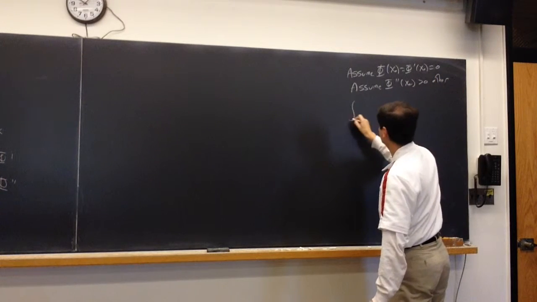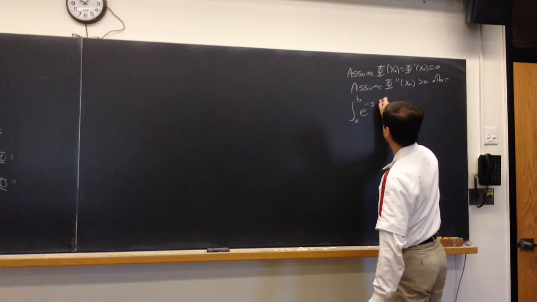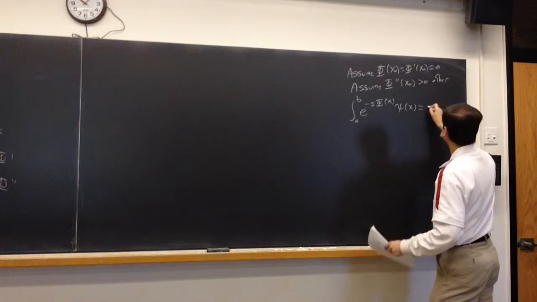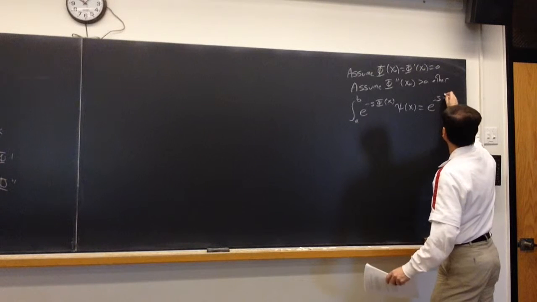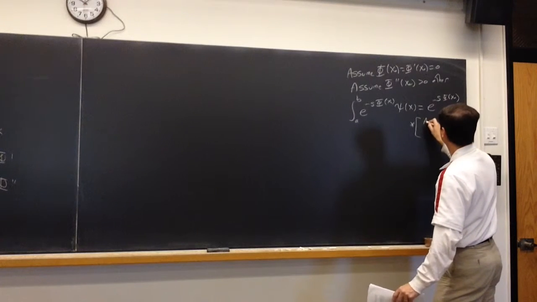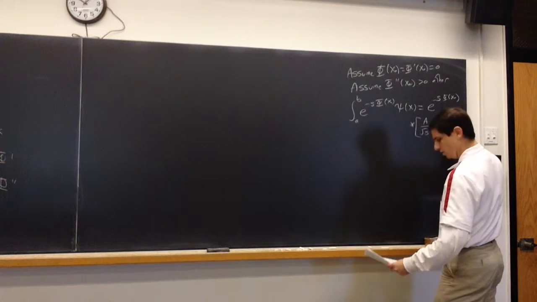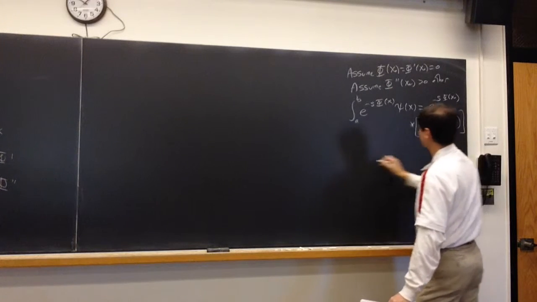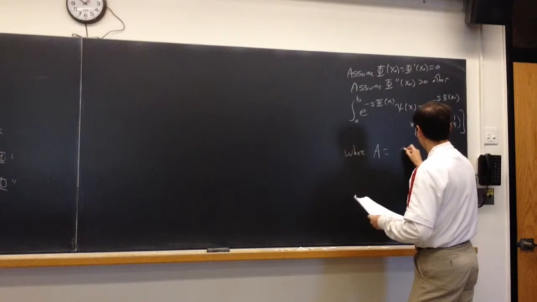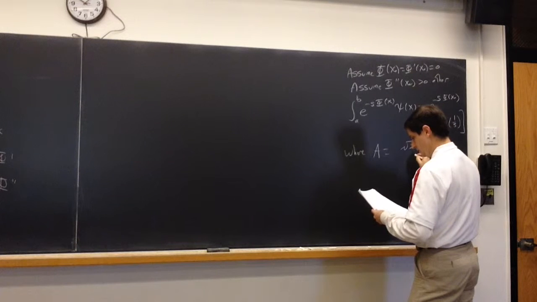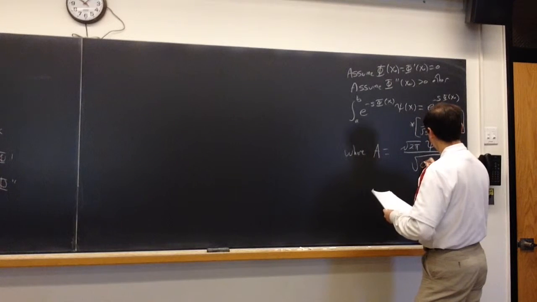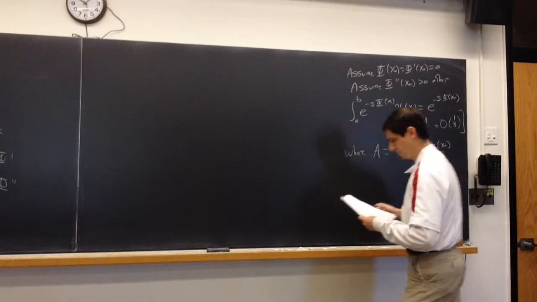And then the integral from a to b of e to the negative s phi of x, c of x, is equal to e to the negative s phi of x0 times the following: A over square root of s plus big O of 1 over s, where big A is equal to the square root of 2 pi c of x0 divided by the square root of phi double prime of x0.